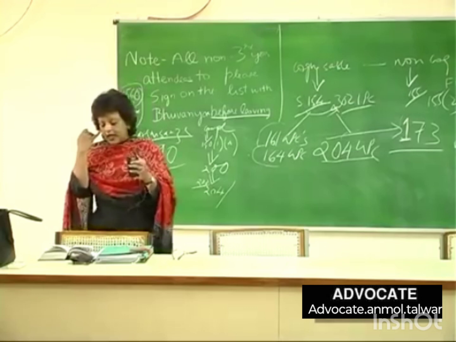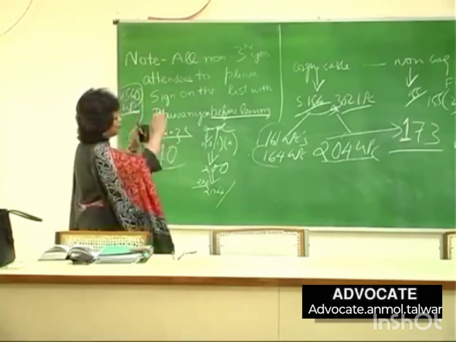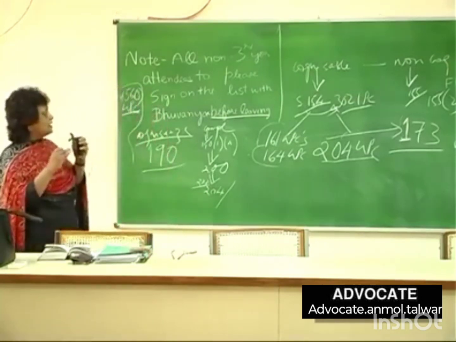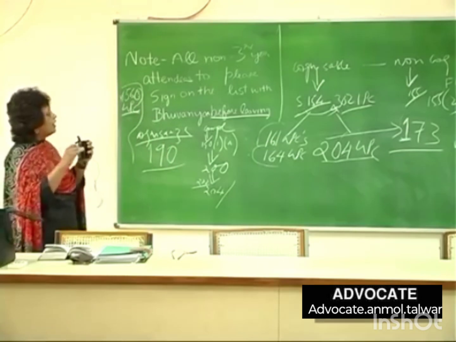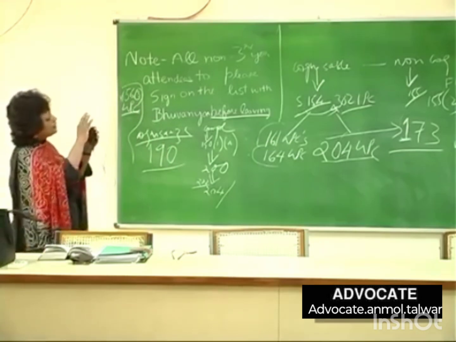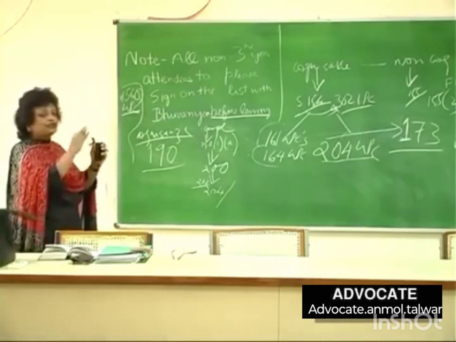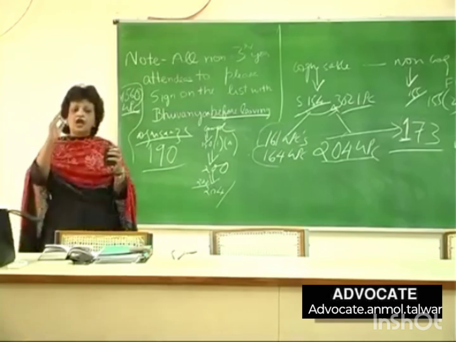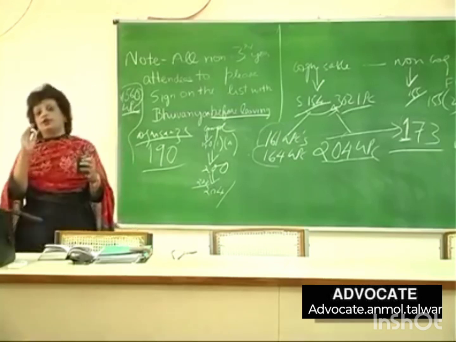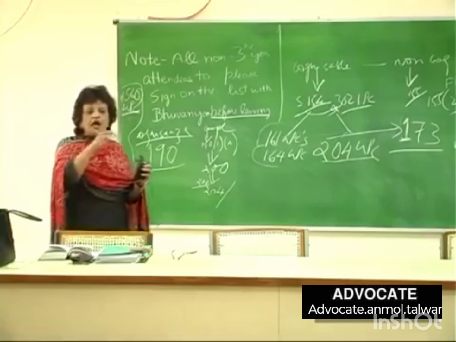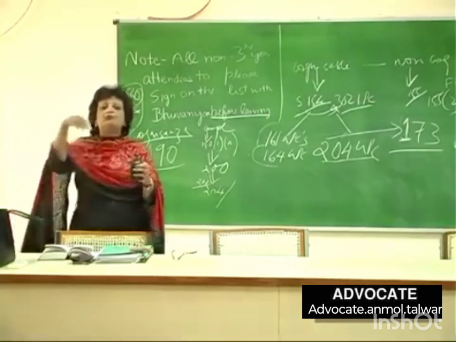Right? Now, so this finishes the entire, and this is really a short capsule of the journey through investigation up to cognizance and summoning of an accused. Now you come to what happens in court.